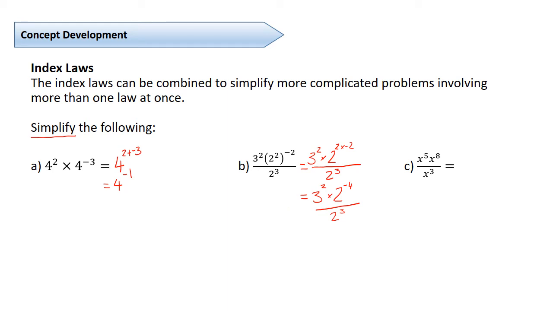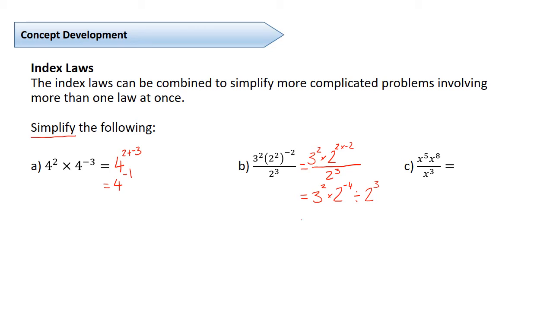Because now I can see, well, I have a base of 2 here on my denominator and a base of 2 on my numerator. Another way to think about that, okay, is dividing by 2 to the power of 3. Both the exact same expression.